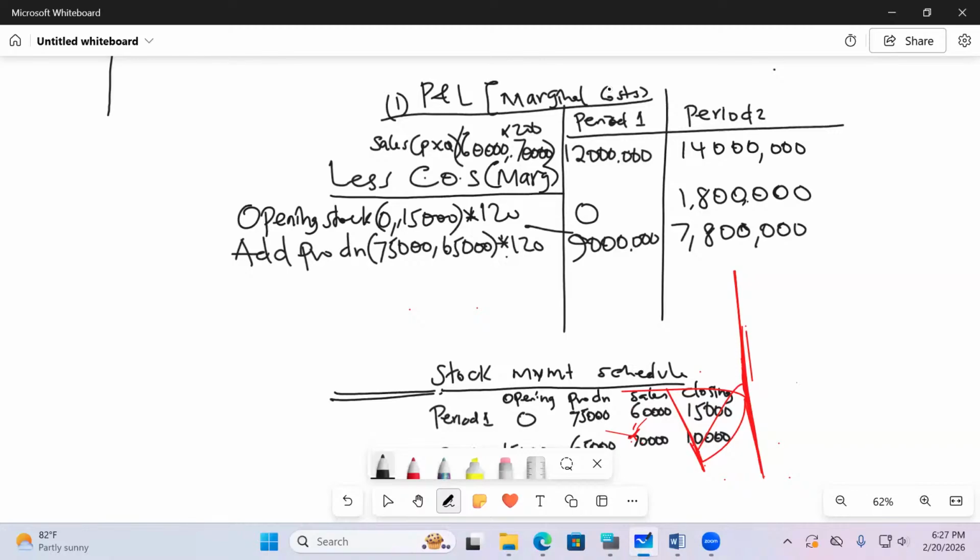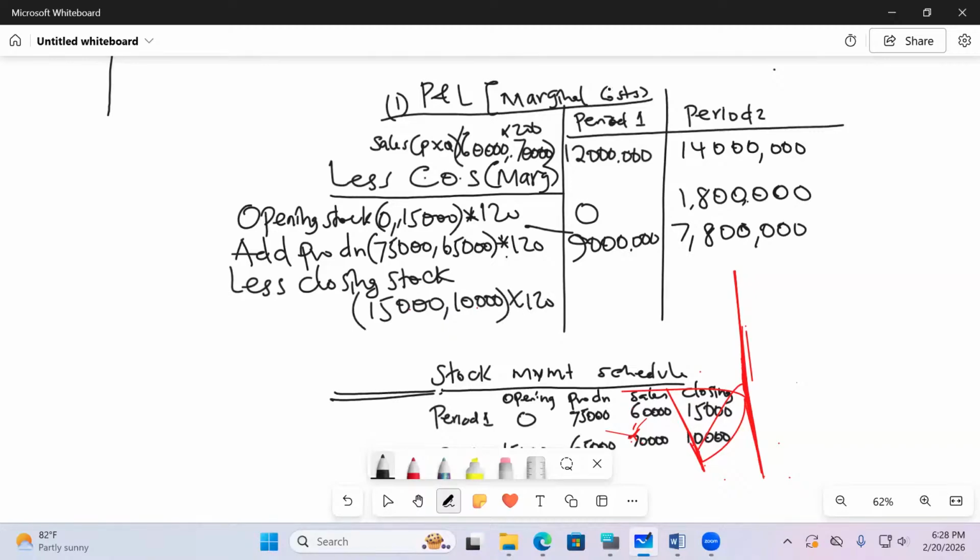From this, we shall straight away go under less what here? Closing stock, isn't it? So come here under less closing stock. Are you able to see the closing stock units here, somebody? 15,000 and what here? 10,000, isn't it? And we know it's still a stock item, which is being valued at how much here, somebody?